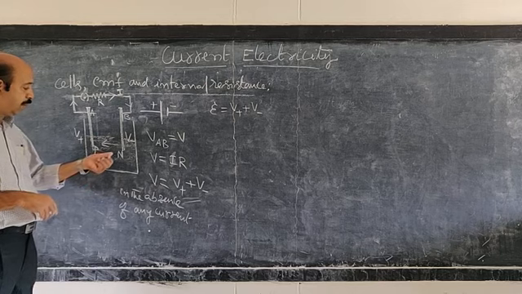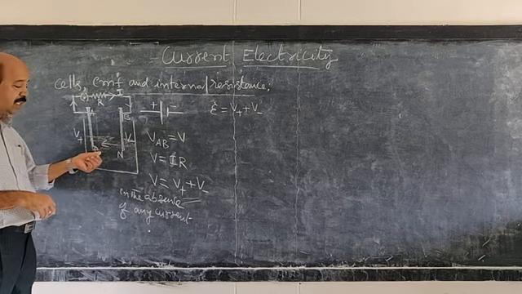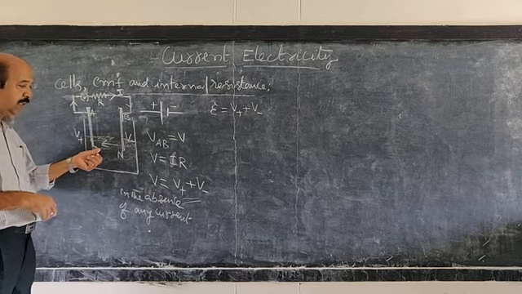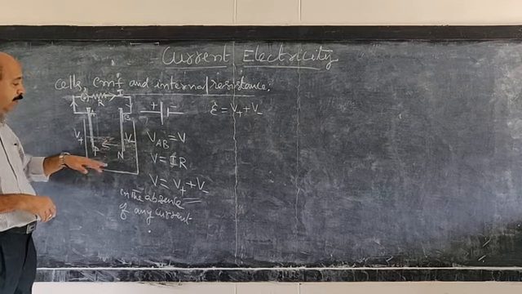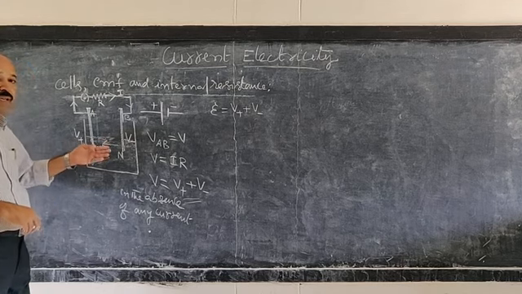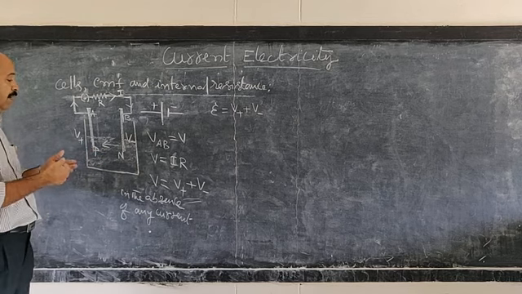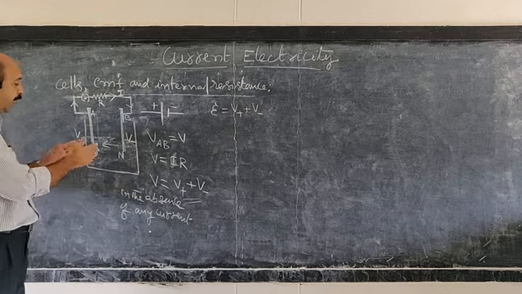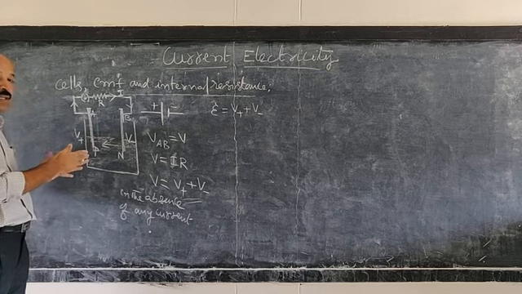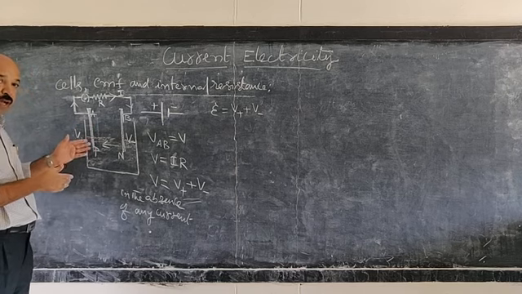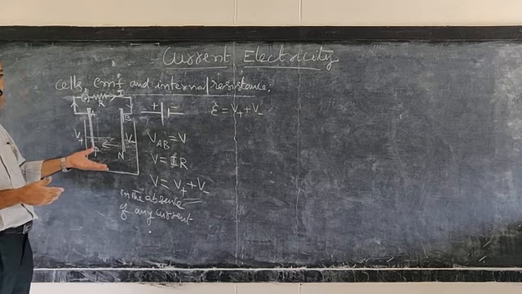Therefore, to overcome the resistance offered by the ions in the electrolyte, some energy will be used by the charge carriers. So the resistance of an electrolyte is due to the ions that are present inside the electrolyte.